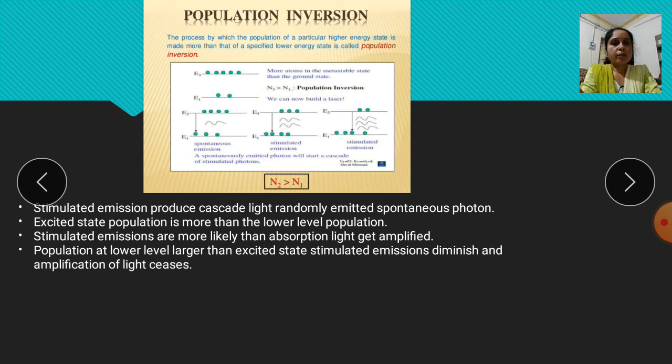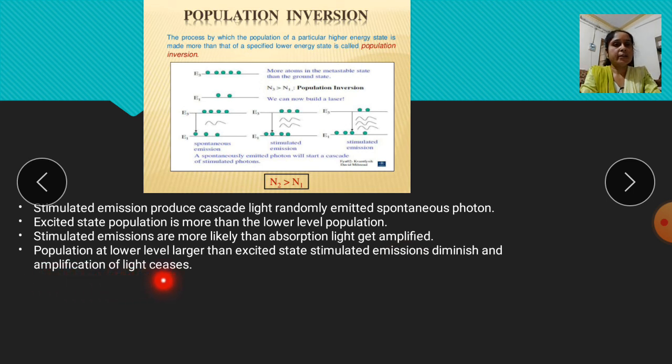So with stimulated emission, more light is absorbed according to the process, and more light gets amplified. In the amplification phenomena, stimulated emission is more likely than absorption, and light gets amplified. When the population at the lower level is larger than that of the excited state, stimulated emission diminishes.